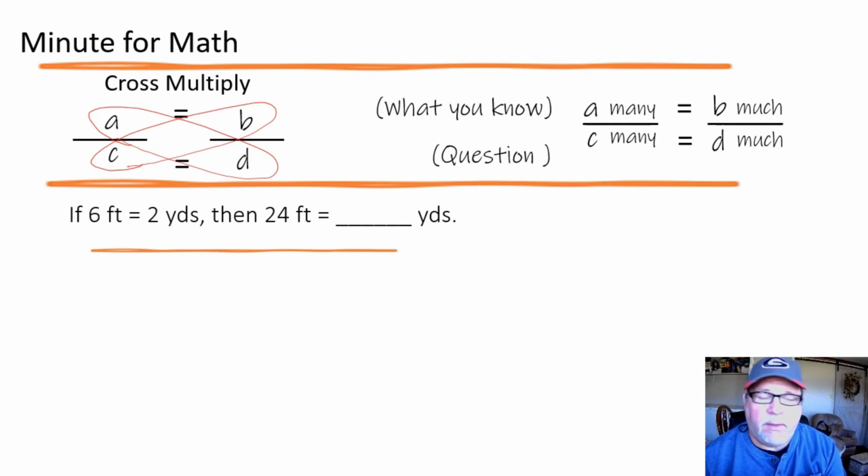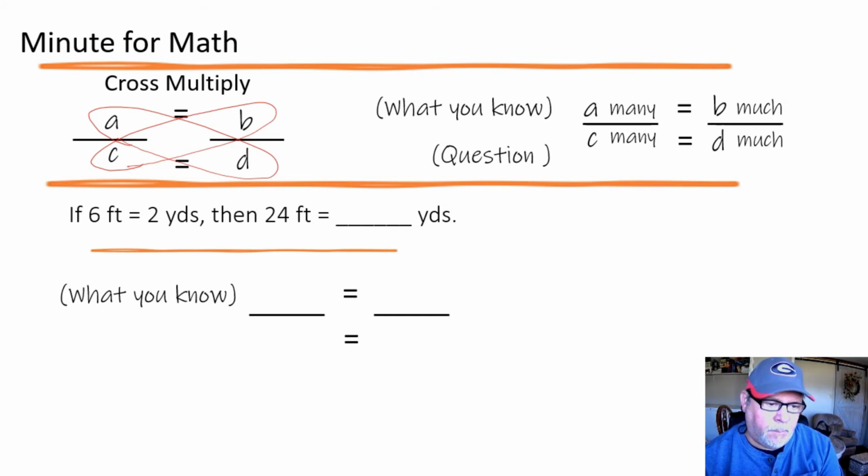Alright, so here, let's take this problem. If 6 feet equals 2 yards, then 24 feet equals how many yards? Well, we take our setup for our problem. First thing is, what do we know already? We know 6 feet equals 2 yards. So we want to put that information in. Alright, but what's our question?